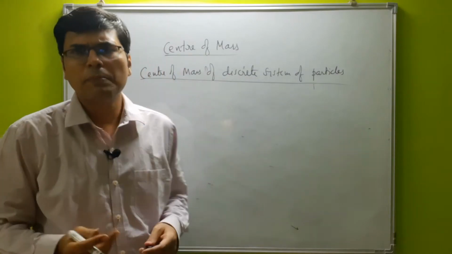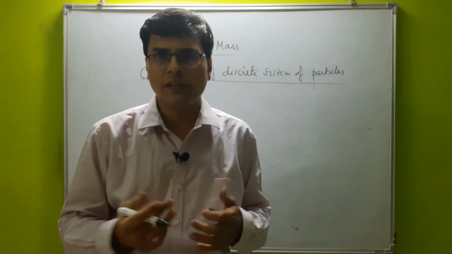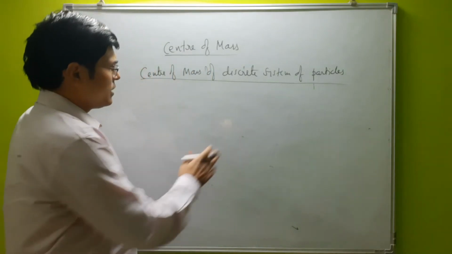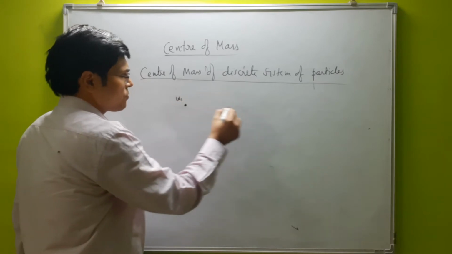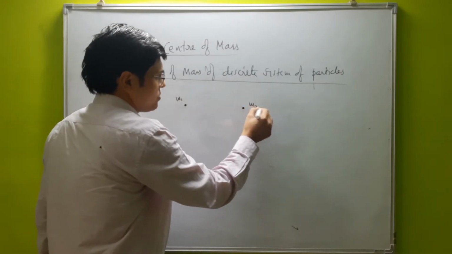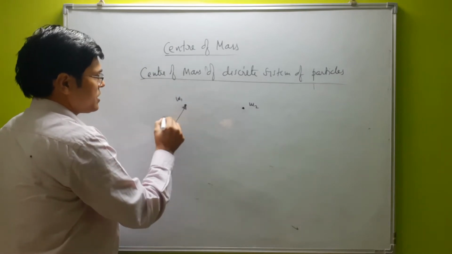So let's pick only two particles involved in such a system, and then we are going to generalize the result, right? So let's assume we have two particles, m1 and m2, and let's say the position vector of m1 is r1.